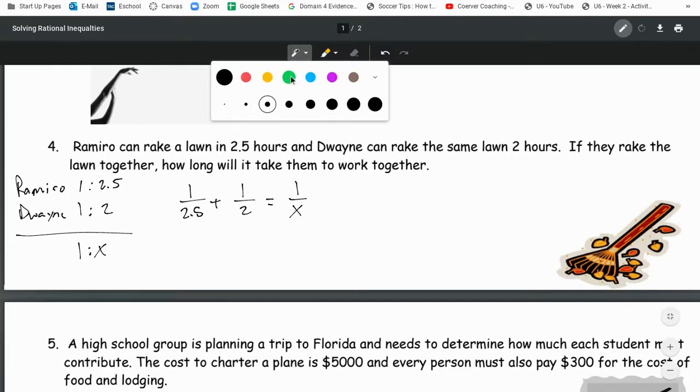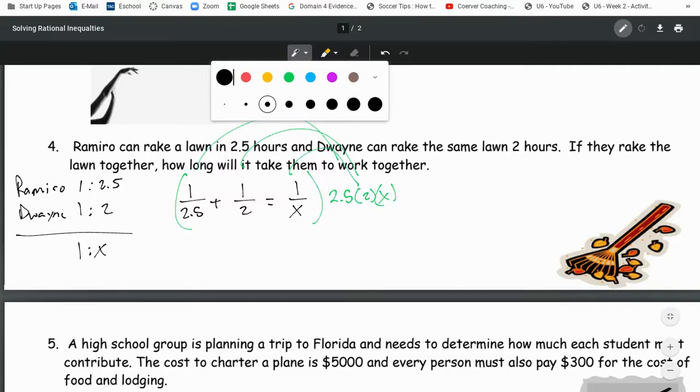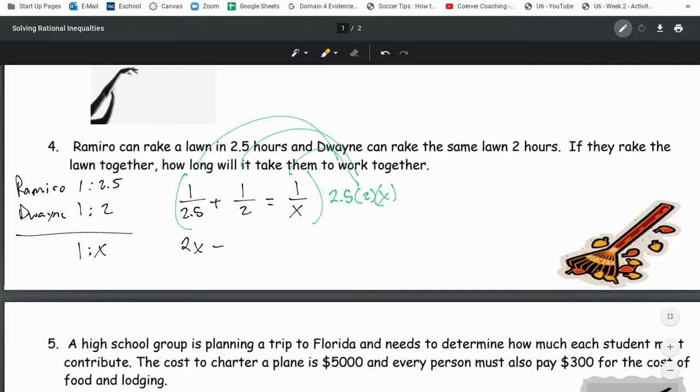Okay, so then again, I multiply by the LCD. So I just multiply by everything in the denominator. That's probably one of the easiest things to do. I distribute. After I distribute, what I have left is 2x plus 2.5x is equal to 5 because 2.5 times 2 is 5.